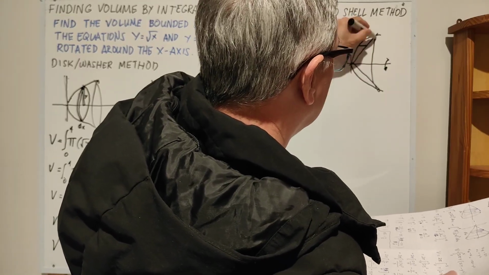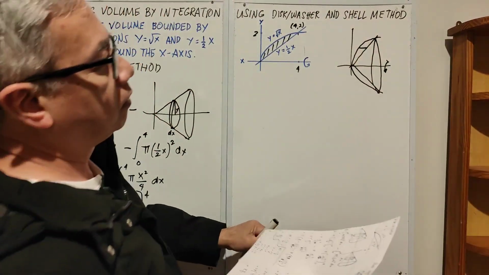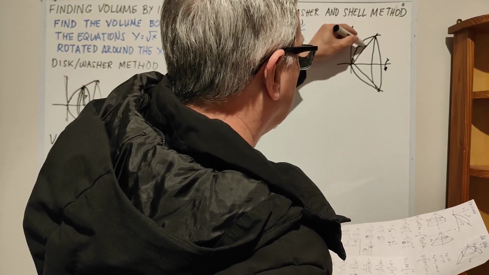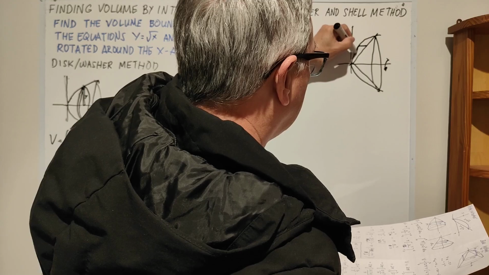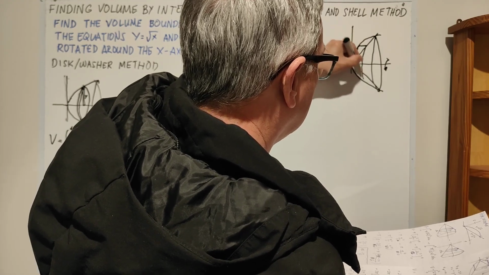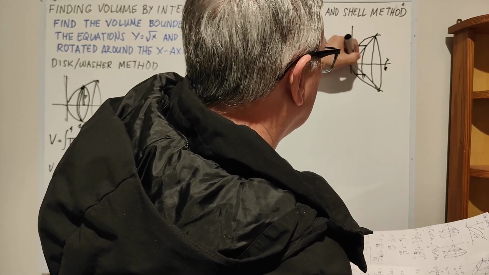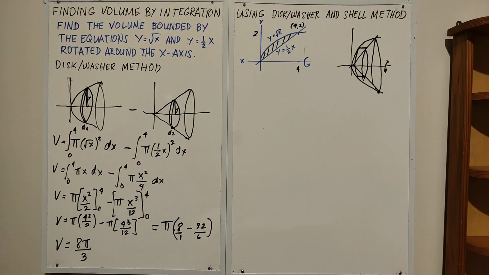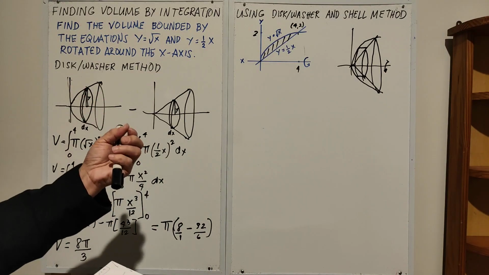So we cut it this way, and then we rotate it this way. So the cutting looks more like a finger, a ring.